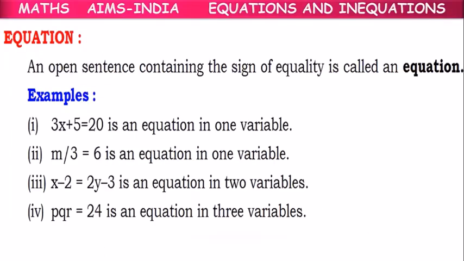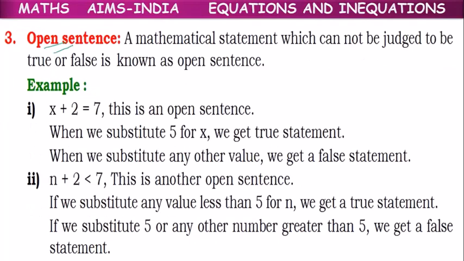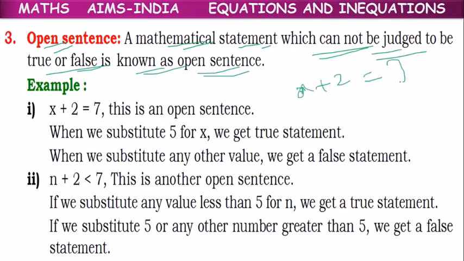Next one. Next we have open sentence. Means a mathematical statement which cannot be judged to be true or false is known as an open sentence. So x plus 2 equal to 7 is an open sentence. If we substitute 5, it is true. If we substitute 4, it will be false.